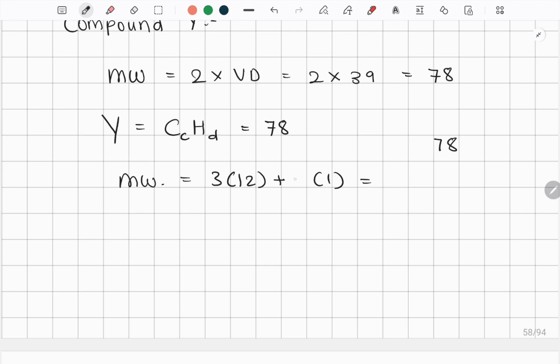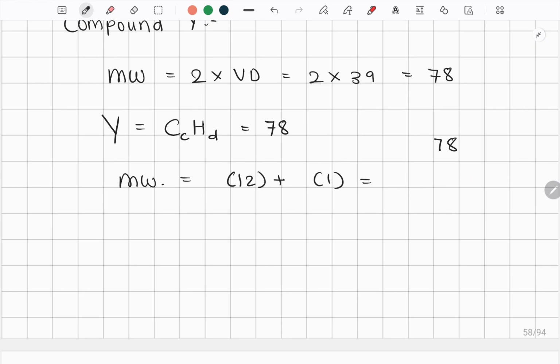What if I keep 3? 36 plus 3 is 39, so it's not correct again. If you put 4 on both sides, it's 48 plus 4, which is 52. Again, not right. What if I substitute 5 on both sides? 60 plus 5 is 65. Again, not right.